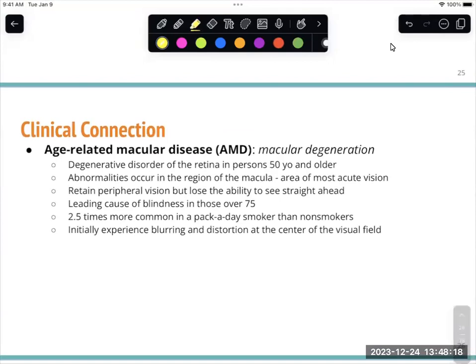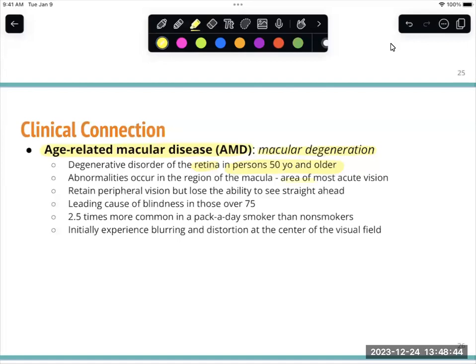So age-related macular degeneration, or macular degeneration. This is just a degeneration of that retina that happens in people 50 years and older. So there's different abnormalities that happen within these different regions of this retina.